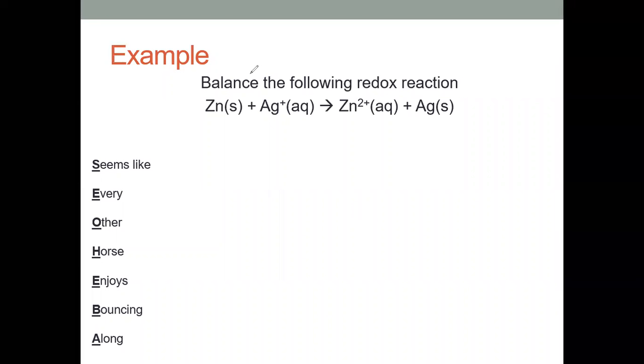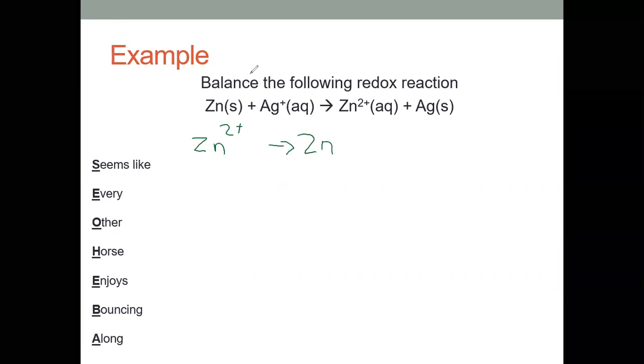We will first separate the half reactions. So let's start out with zinc 2+, and that's going to zinc. That's half reaction 1. We'll put a little 1 over here for half reaction 1, half reaction 2 on this side.